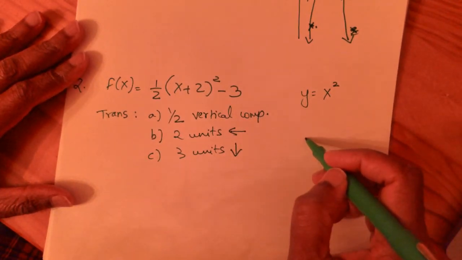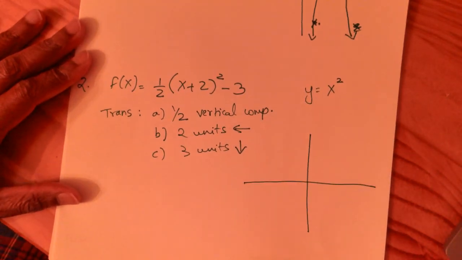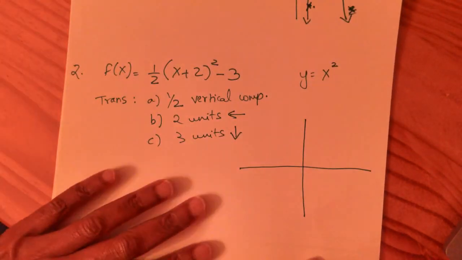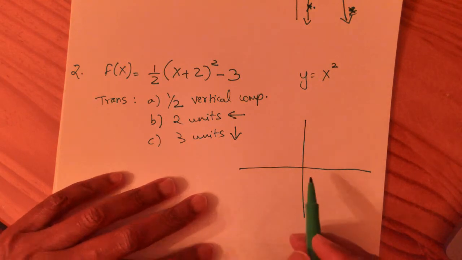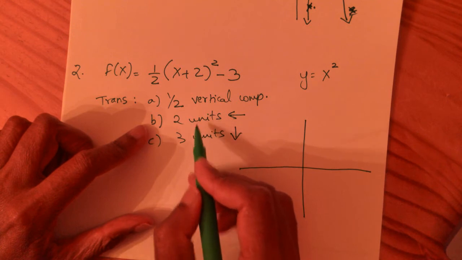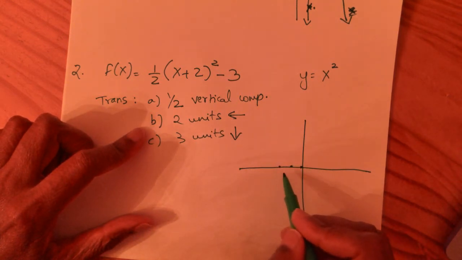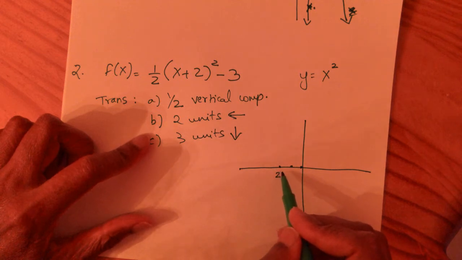And let's see how my graph is going to look. So I'm skipping the parent just because it's the same quadratic. We're just going to go straight to the transformation. So basically, take care of the vertex first. 2 units to the left, 1, 2, and 3 units down.